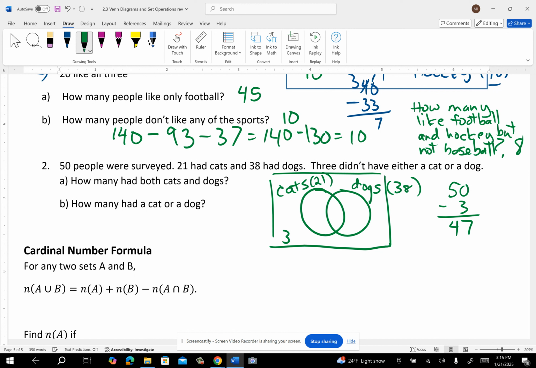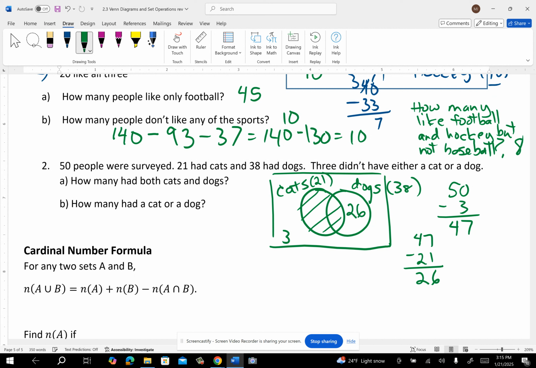If there's 47 altogether, and I know that here there should be 21, then what I could do is take the 47 and subtract the 21, and that would give me 26, and I know that would have to be this. How many are over there just dogs?